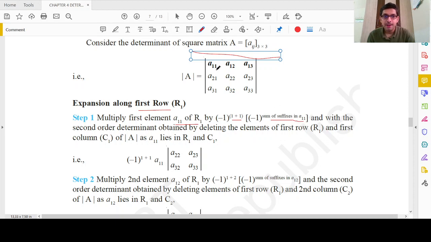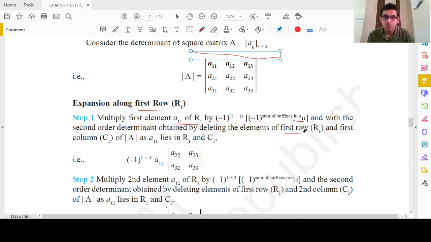After that, delete the row and column in which A11 lies. Once you delete the row and column, that is here the first row and first column, you will get a determinant of order 2 by 2, the second order determinant obtained by deleting the first row and first column.